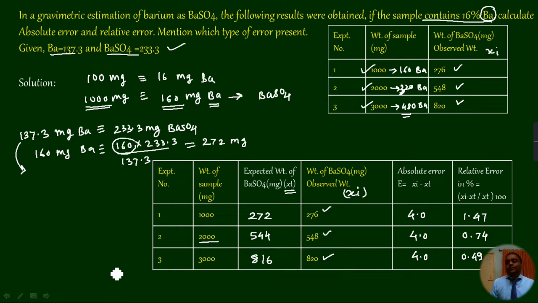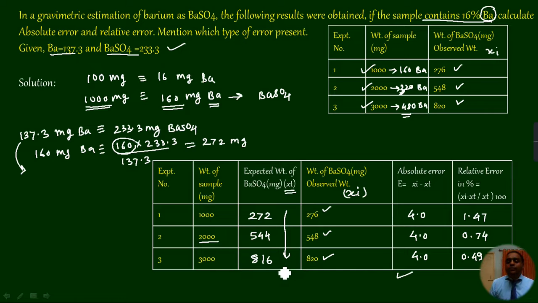So from these results, you definitely see that in this case, as the sample size is increasing from 272 to 860, the absolute error remains constant, but the relative error is decreasing.